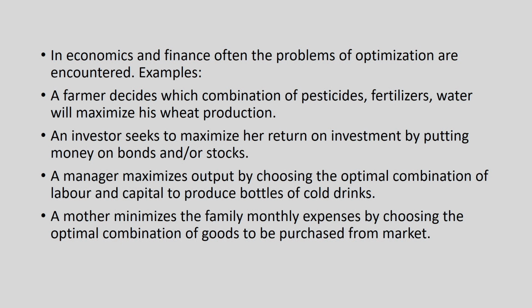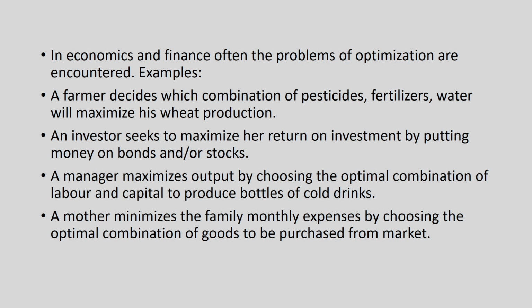And then we come to the third example. A manager maximizes output by choosing an optimal combination of labor and capital to produce bottles of cold drinks. So, this is from the area of, let us say, industrial production. Here the production we are talking about is the production of bottles of cold drinks.